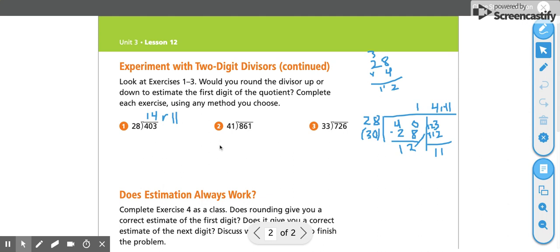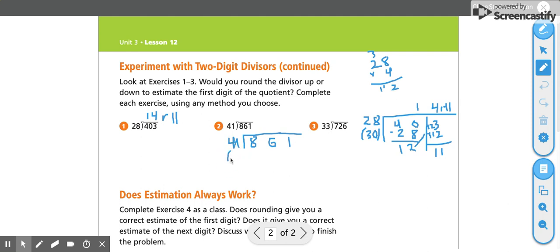So we've got 41 divided by 86, sorry, 41 into 861. I'm just going to rewrite this. All right, so I'm going to start, and I'm going to think, okay, what can I round 41 to?